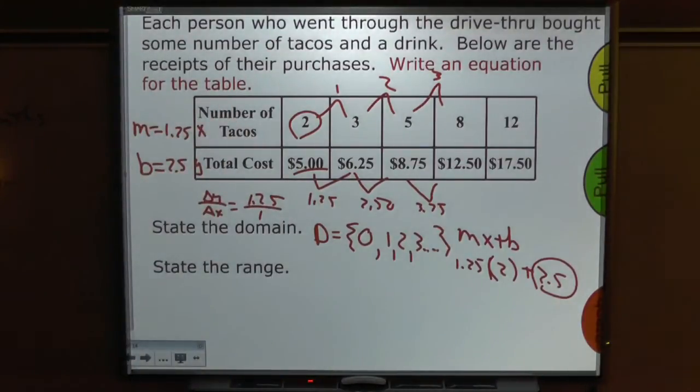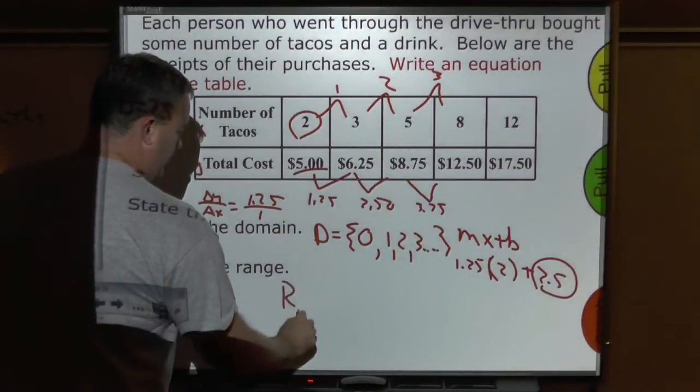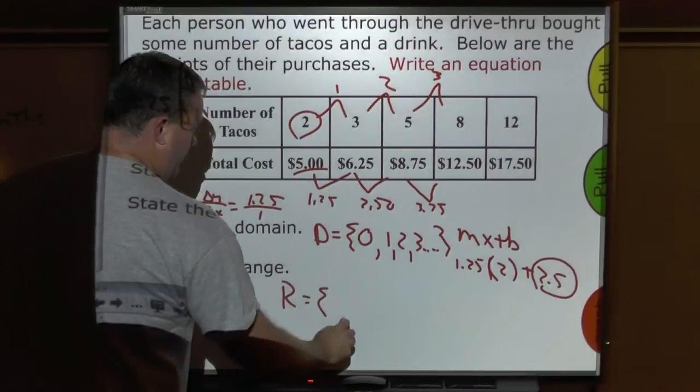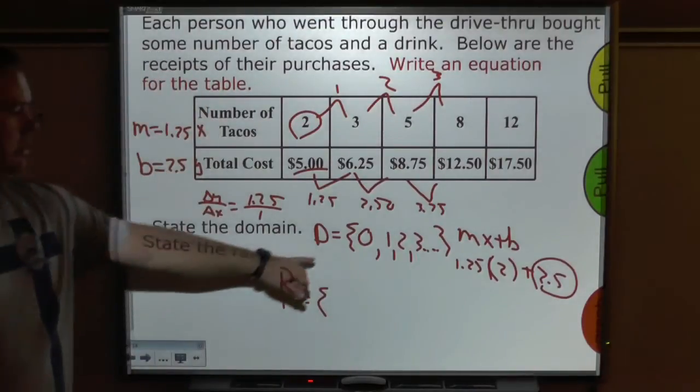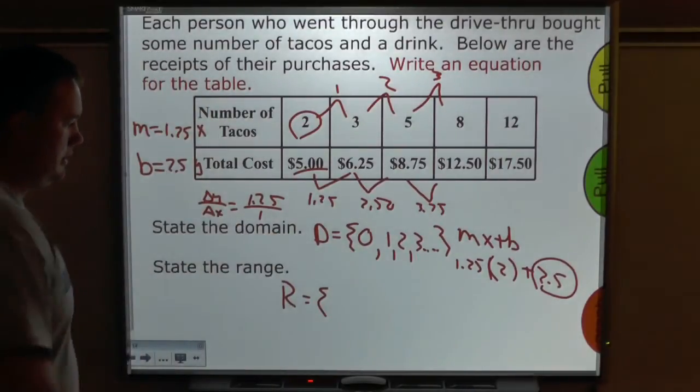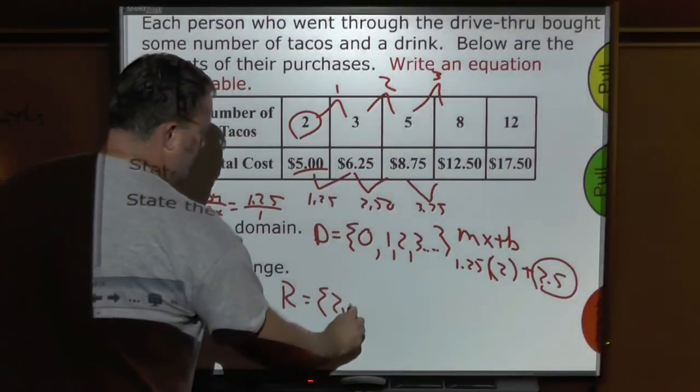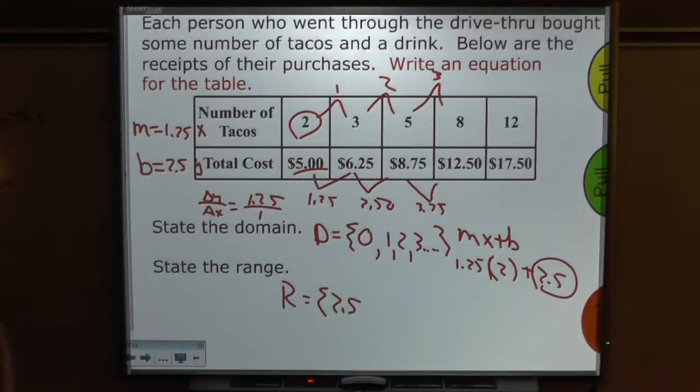That is discrete. When we talk about the range, this one doesn't start at 0, it starts off at the $2.50 you start with to begin with. And that's from your initial value.